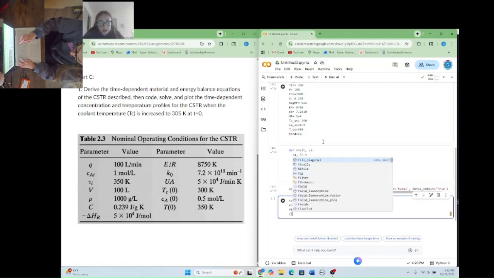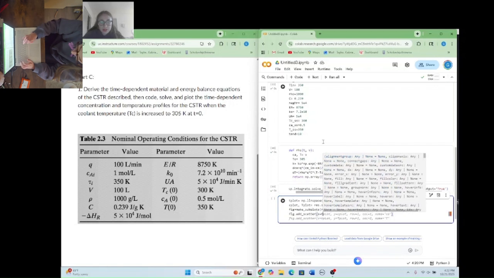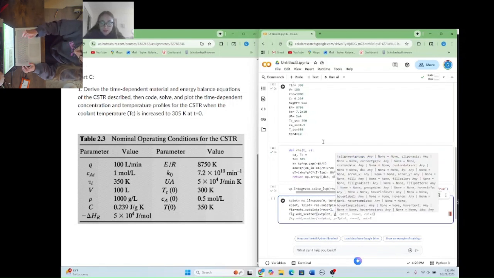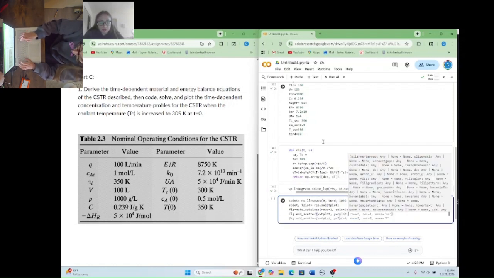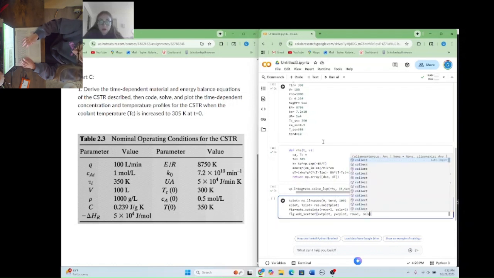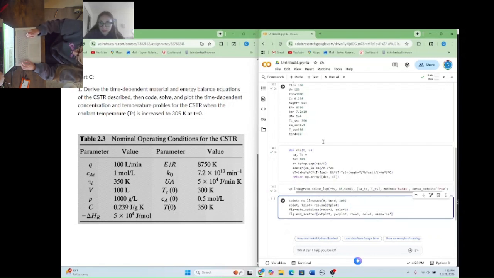So fig.add_scatter. Our x is going to be our time, our t. Our y, the first plot, is going to be our C plot, our concentration. It's going to be row 1, column 1. Name is going to equal the concentration.